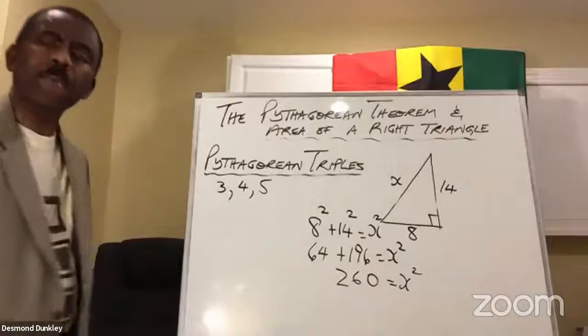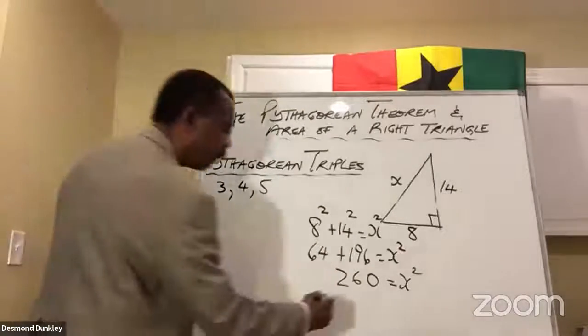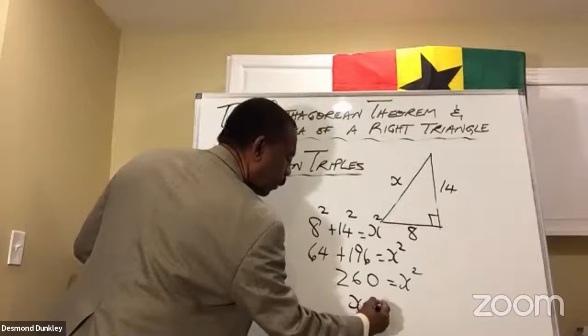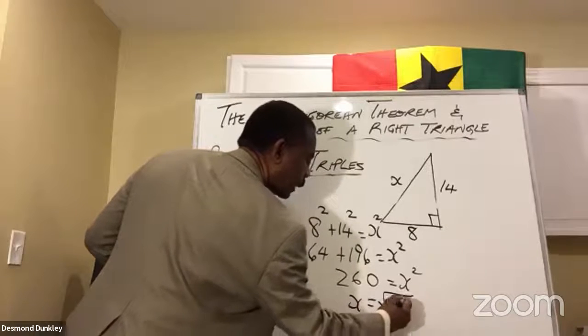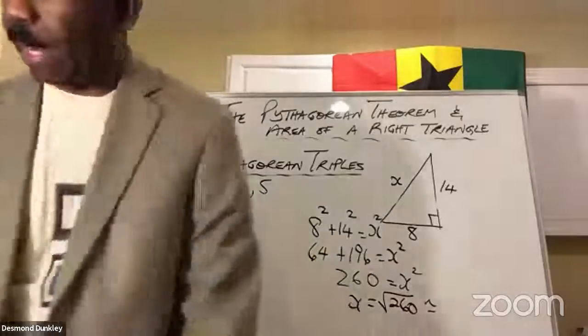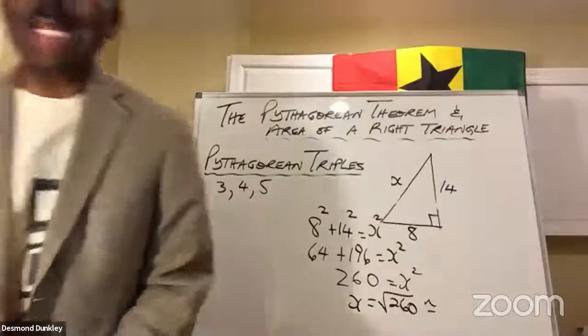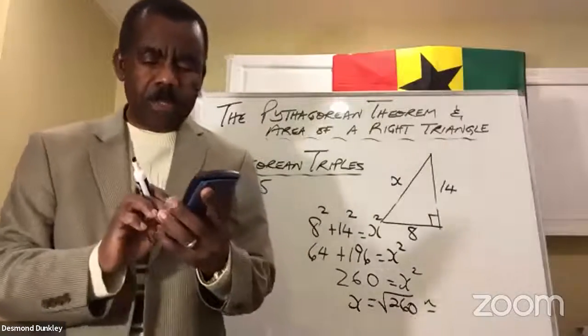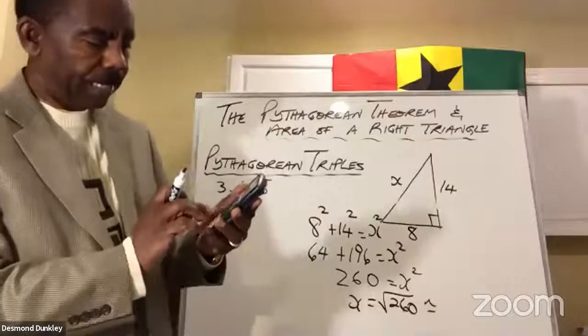So x squared is equal to 260. So therefore, x is going to be equal to the square root of 260, which is approximately. That is not a whole number. That is not an integer. So we're going to give an approximate result for that.